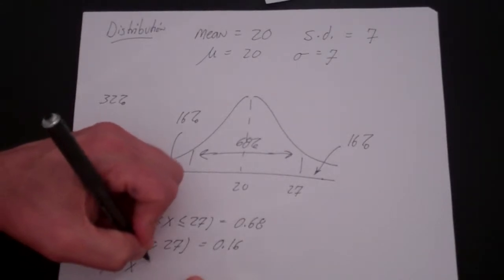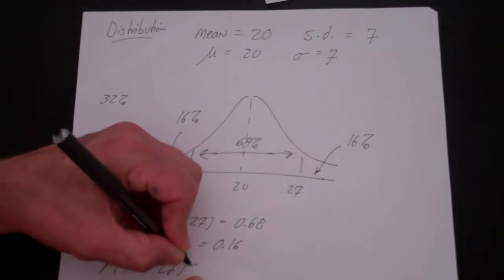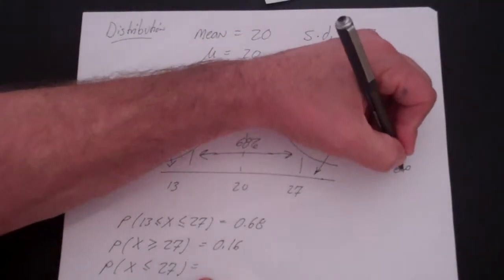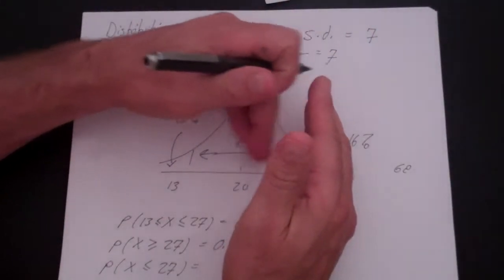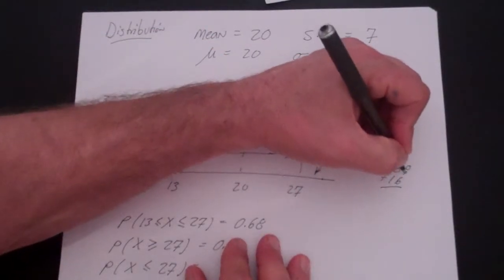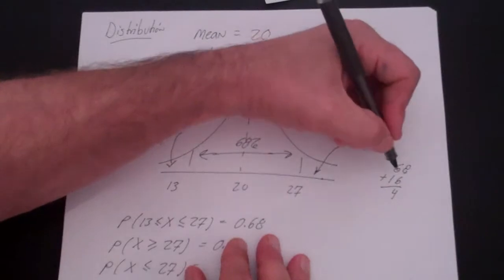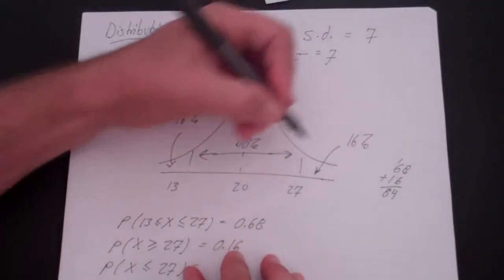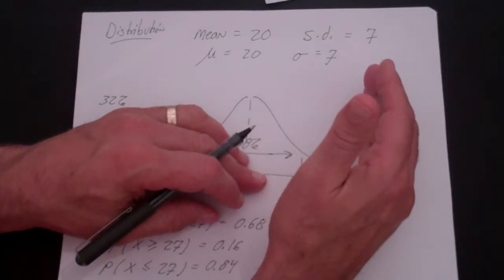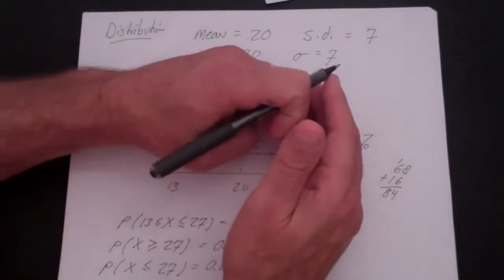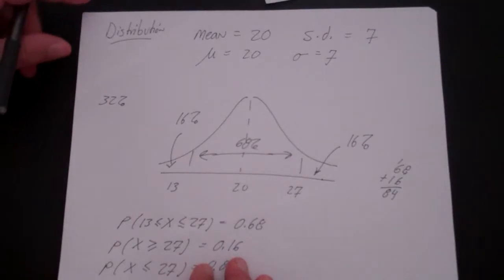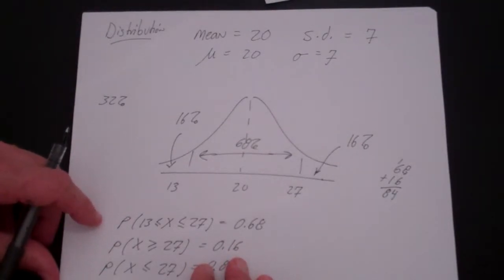The probability that x is less than or equal to 27 would be 68 plus 16. Here's 27 right here. So 68% of the distribution plus 16 is 84%. Or another way to think about it is if 16% is greater than 27, then 100% minus 16%, or 84%, have to be less. And that's the example of the empirical rule.